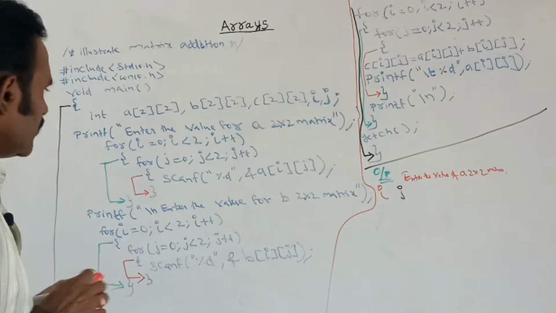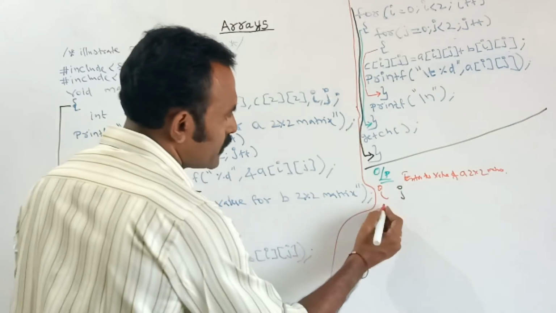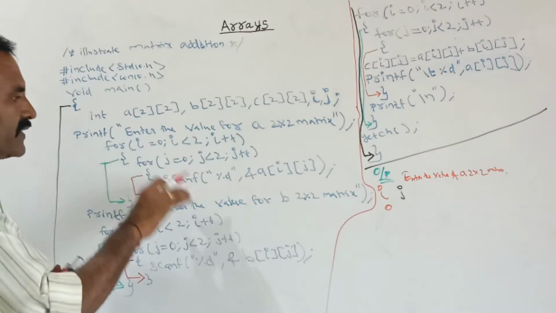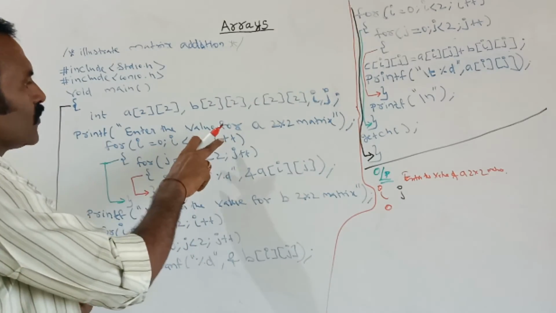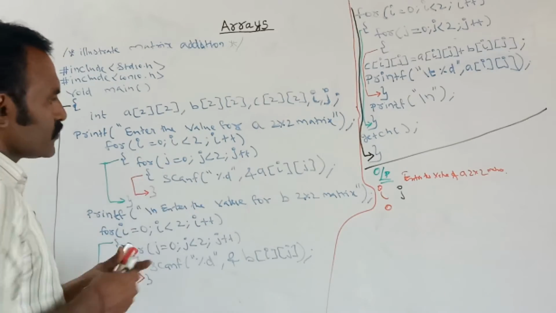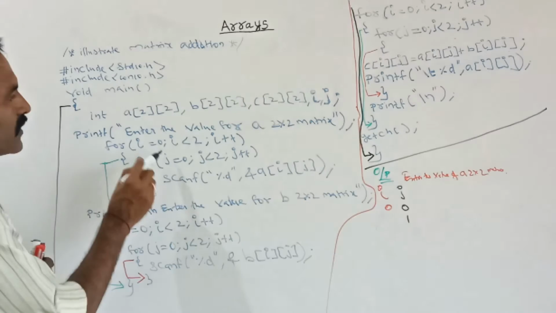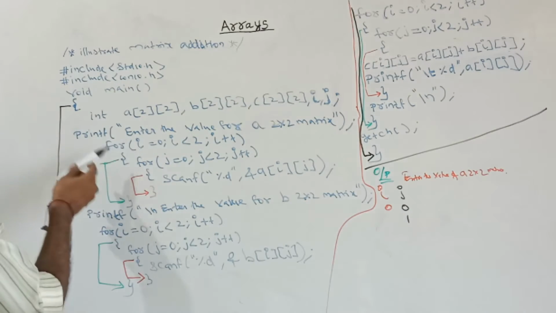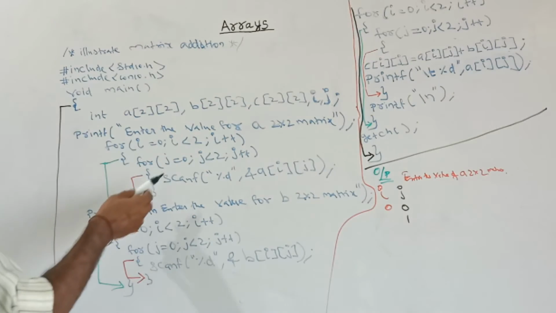Here when outer loop value I is equal to 0, the inner loop will be completely finished. After that only the second value of the outer loop will be taken by the controller. So here the inner loop should be completed, that is from 0 and 1, because both are 2 cross 2 matrices. So here I am using the I value for the first subscript value from 0 to 2, that is 0 and 1.